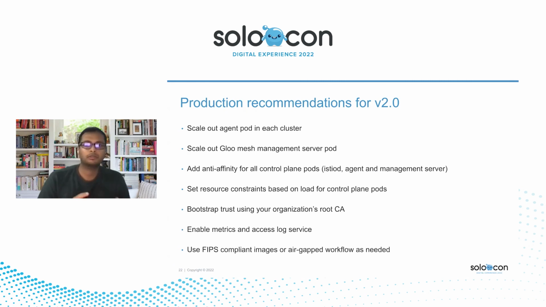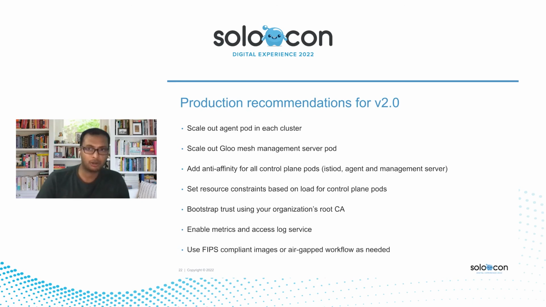You want to make sure you're bootstrapping your trust using your organization's root CA. This is very important because by default, the Gloo Mesh product will use a self-signed CA, which is great for demos, but for production use cases, you want to use your organization's CA. Now make sure you have enabled the metrics and access log service.